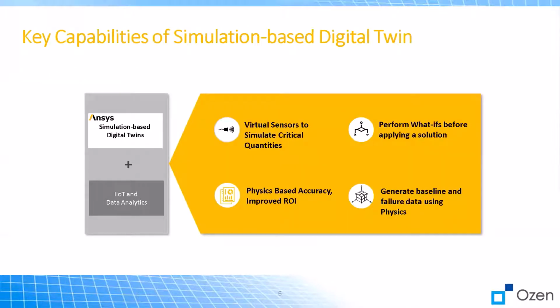So what are the key capabilities of a simulation-based digital twin? As we can see, to do this, we need an ANSYS simulation-based digital twin. This is the simulation model, and Industrial Internet of Things and data analytics tools for deployment. With these tools together, we have the ability to assist in asset monitoring.